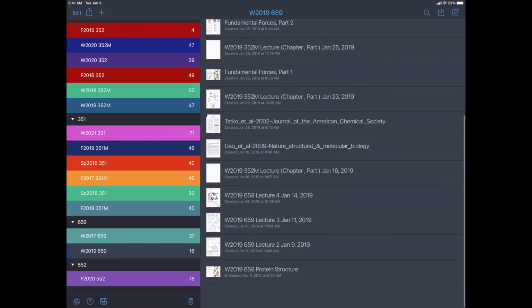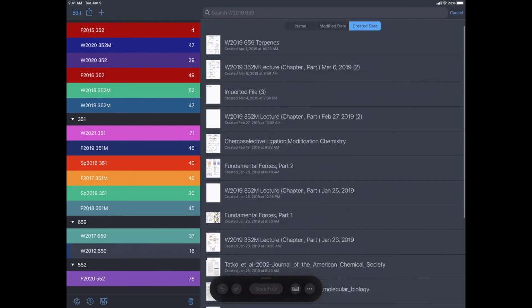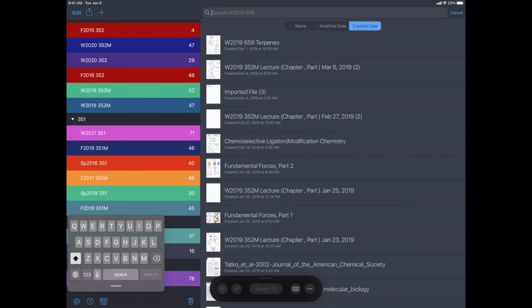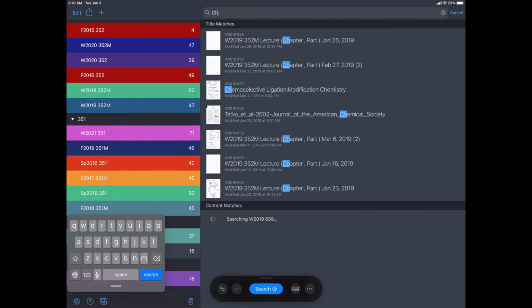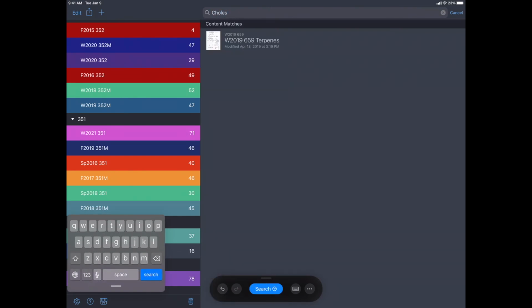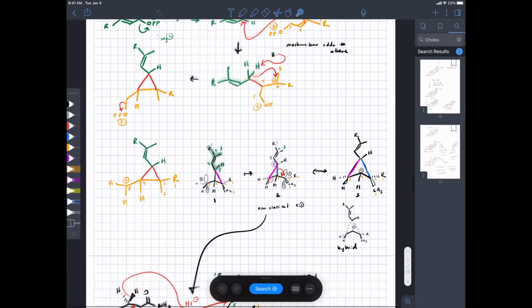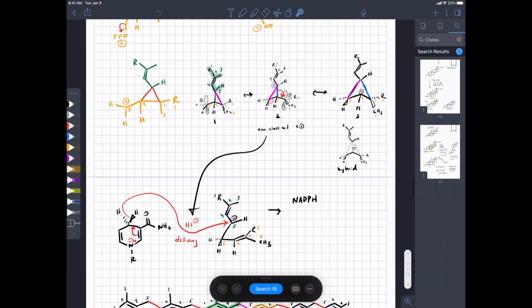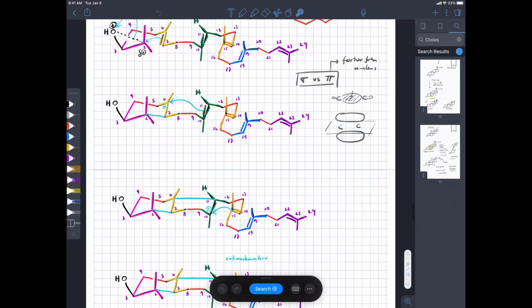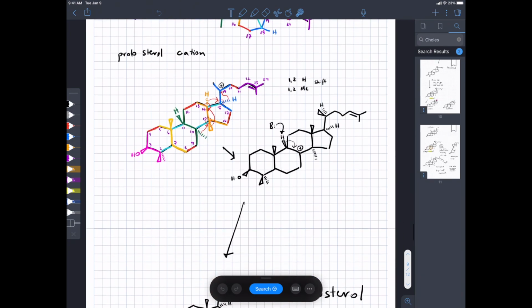Can I even find it? Let's search everything for... Ah, there we are. Oh, there's some even weirder carbocations that you don't want to know about.